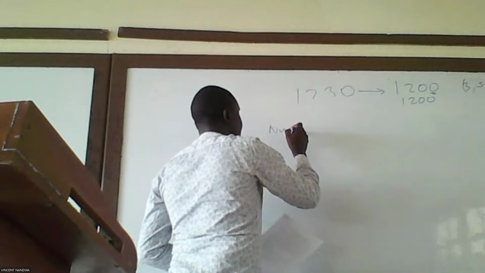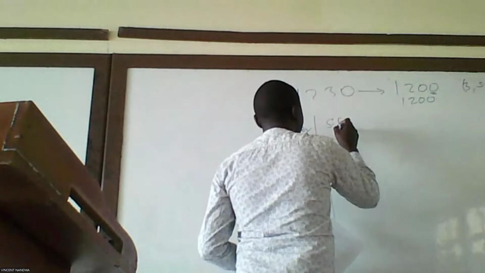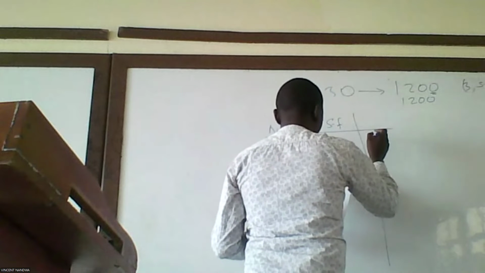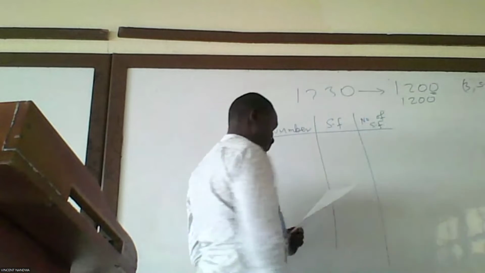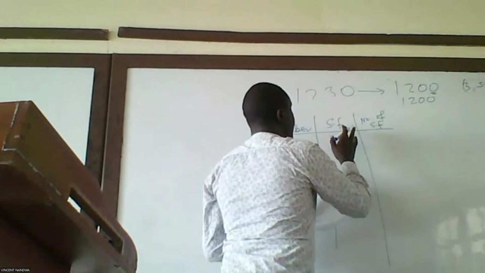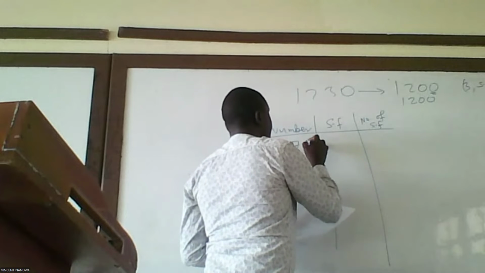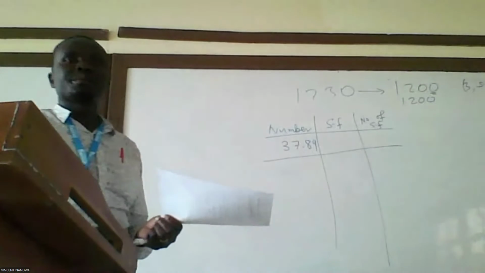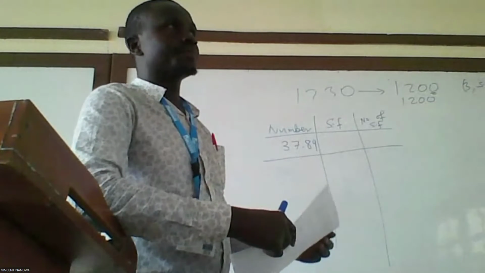So number, significant figures, and then number of significant figures. That's 7.89.